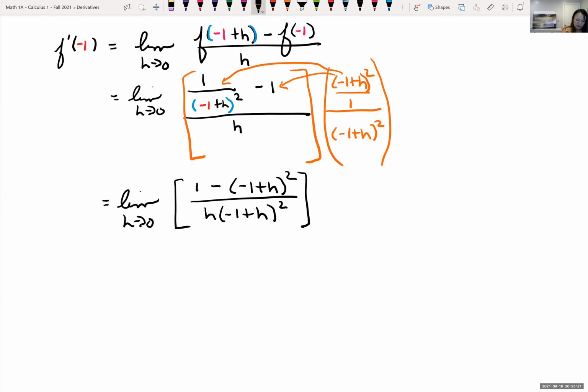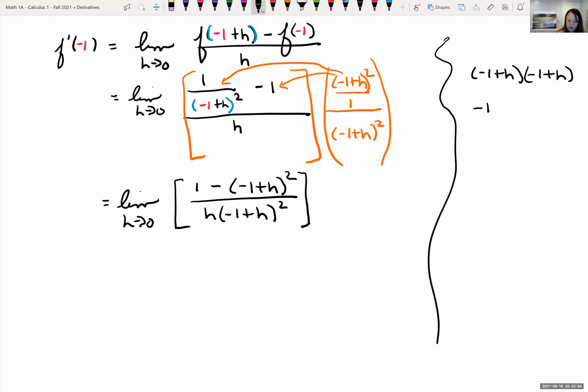We're going to need to do a little bit of work, and maybe we can do it over here on the side. If I FOIL out -1 plus h times -1 plus h, because that's what that quantity squared is telling me to do, I get -1 times -1 is +1. And I have -h and minus h, so that's -2h. And h times h, so plus h squared.